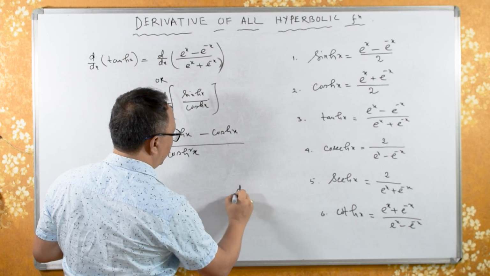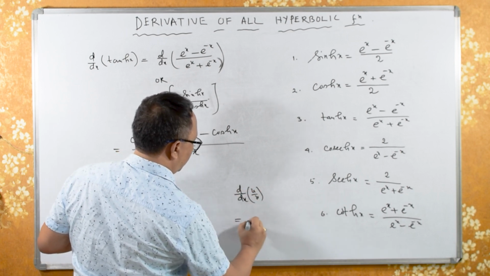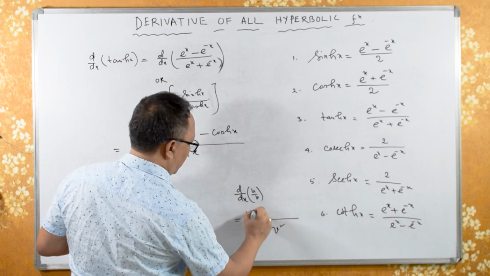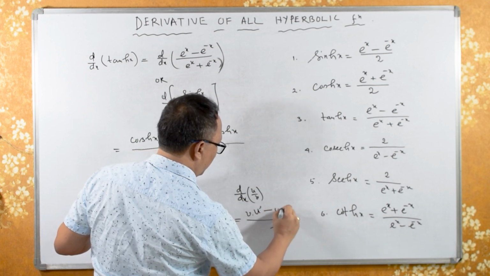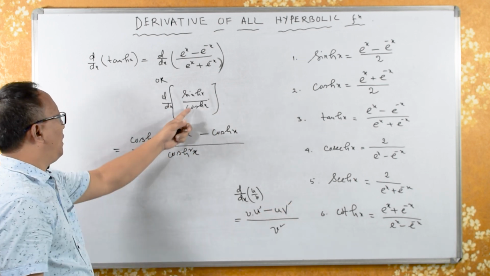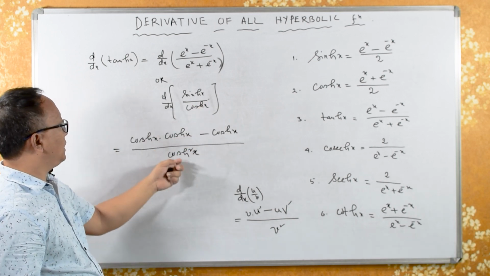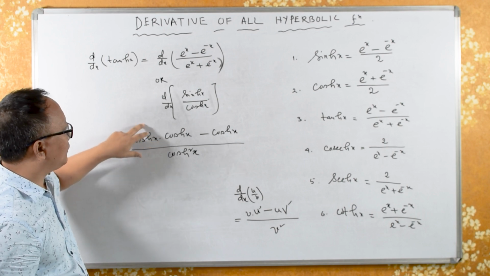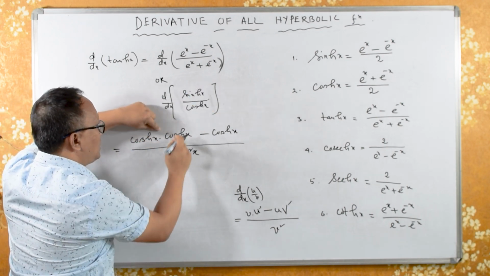I am using d by dx of u upon v is v square, v u prime minus u v prime. Now cosh whole square, this is v, keeping as it is, and then I am differentiating sinh x. Sinh x is what?